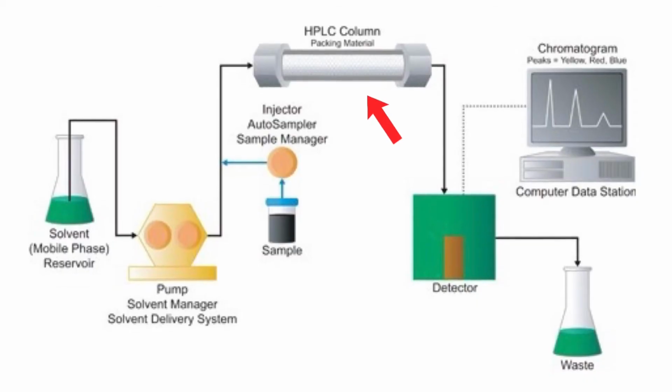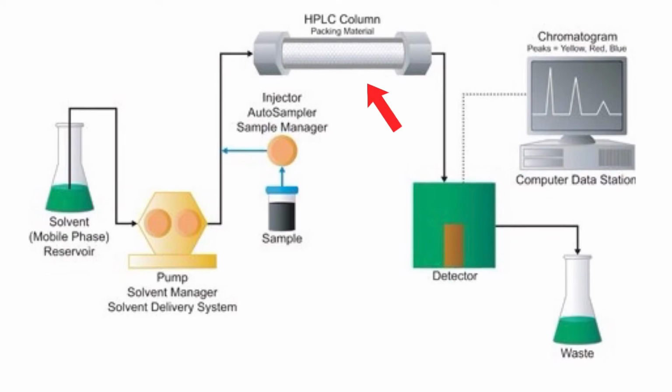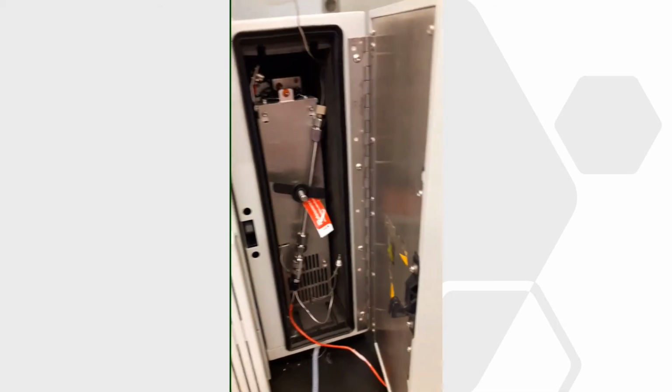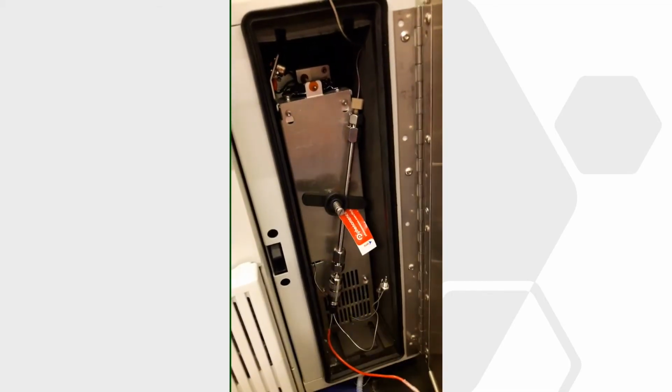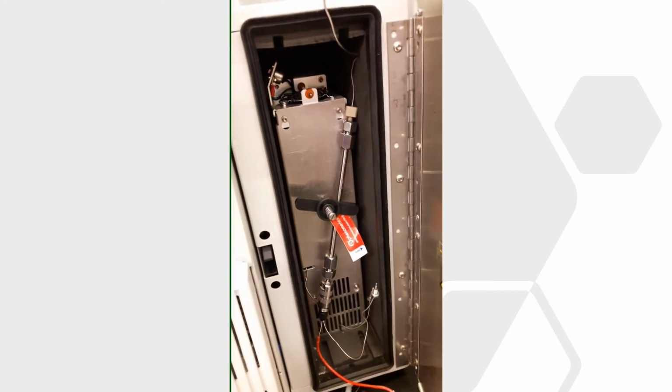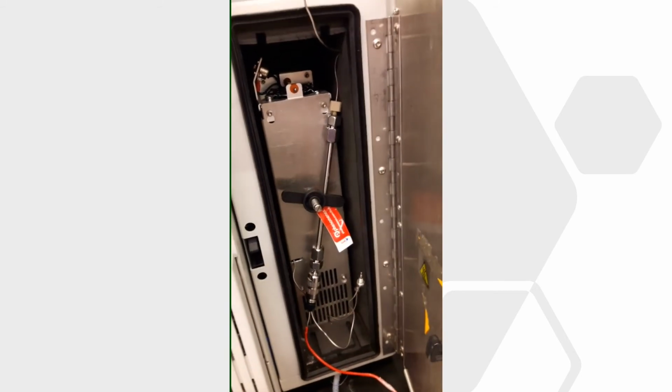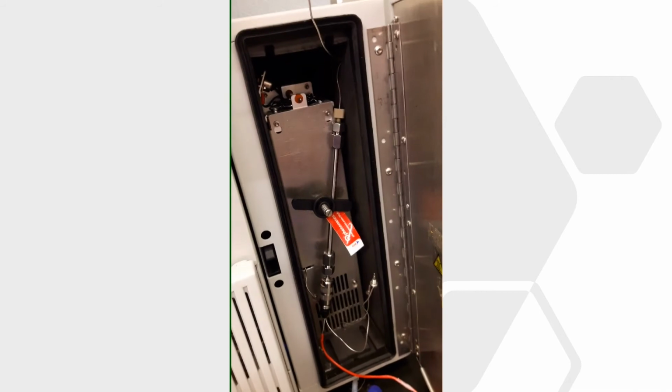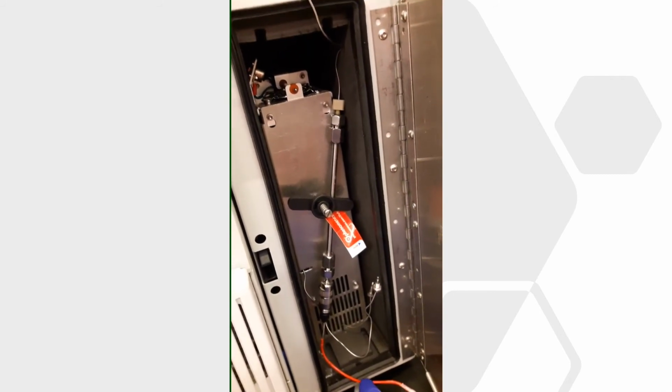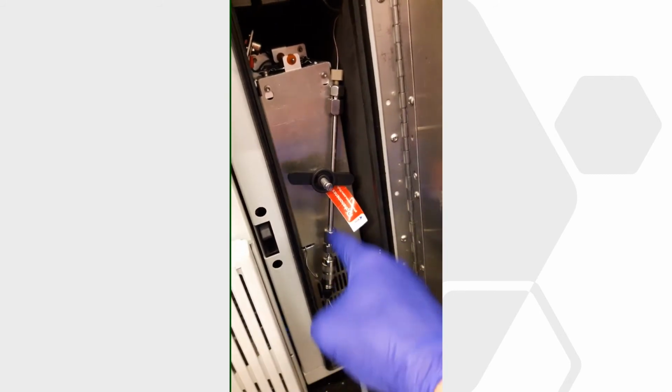The mobile phase carrying our samples then flows over the stationary phase. Our stationary phase is packed in a column, and in reverse phase HPLC it's a C18 column. And the flow direction of the mobile phase here is from down to up.